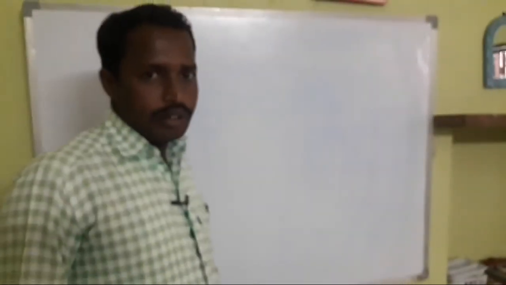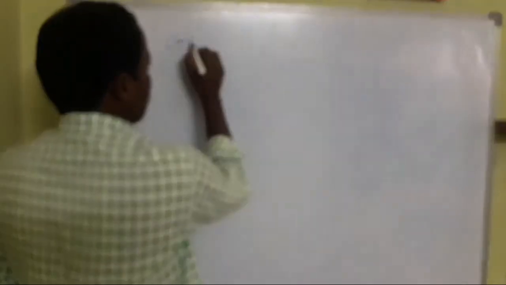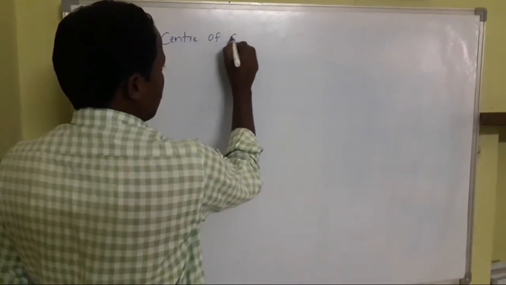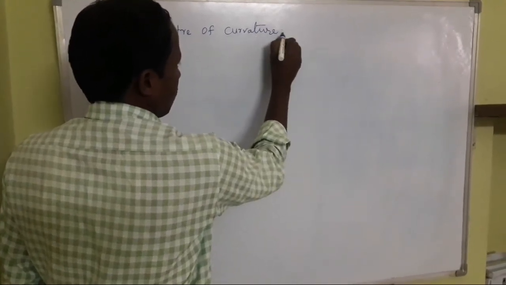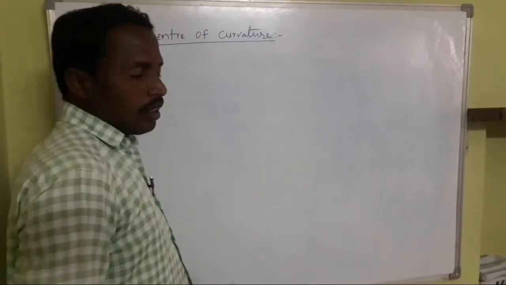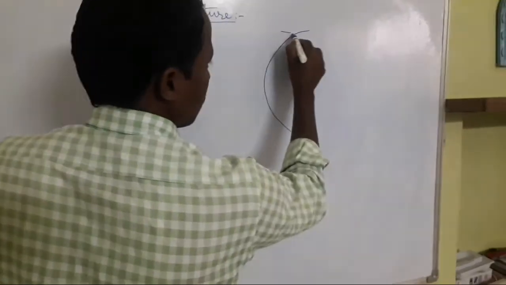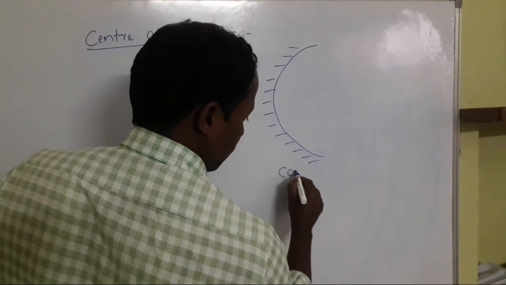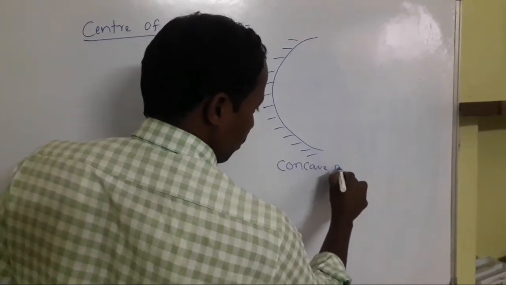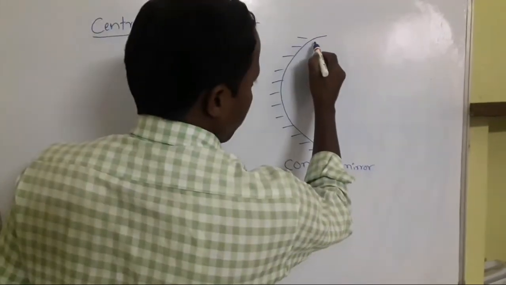Now we are going to discuss the concave mirror definitions. First of all, the center of curvature. Here is a concave mirror, and it has normals.